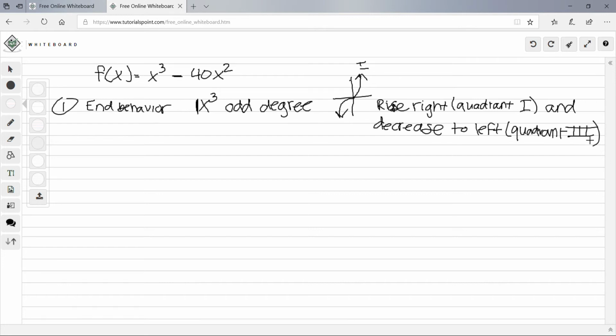Now let's find our x-intercept. We got to find x-intercept using rational zero theorem.